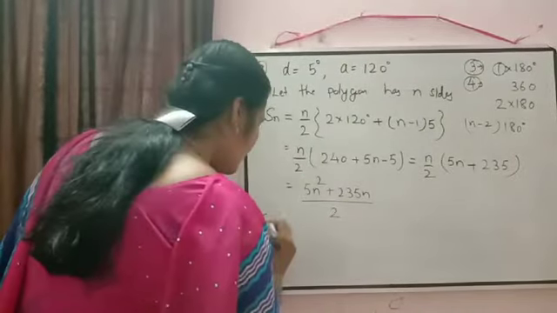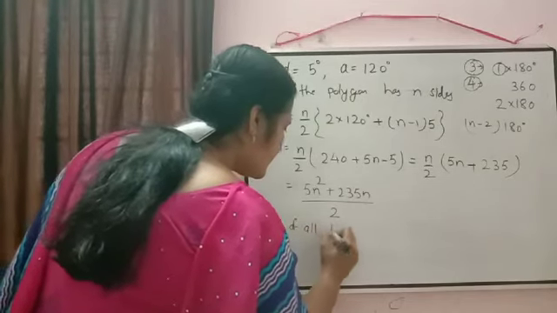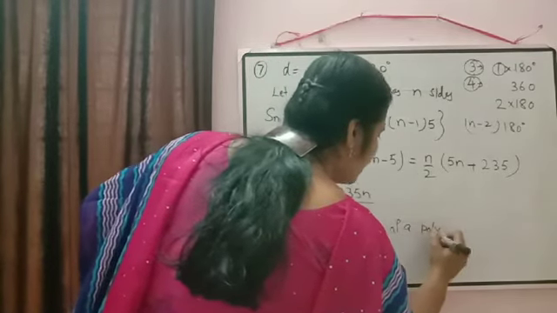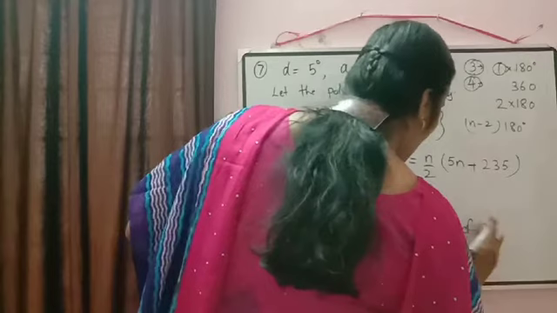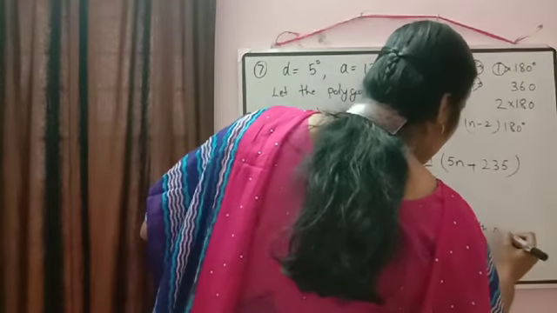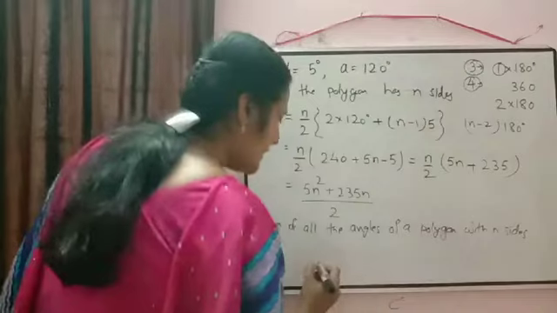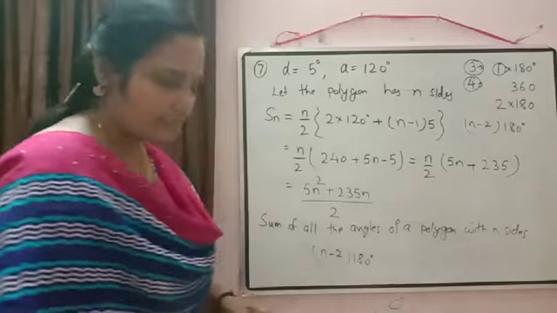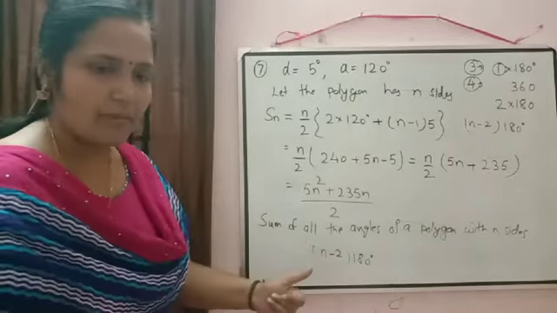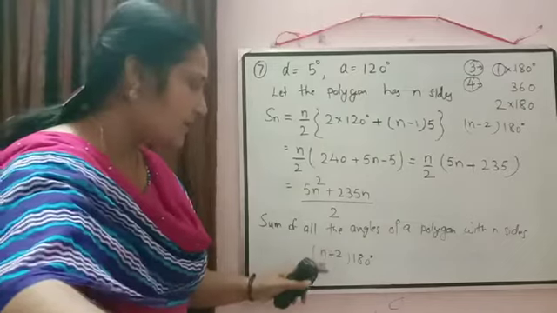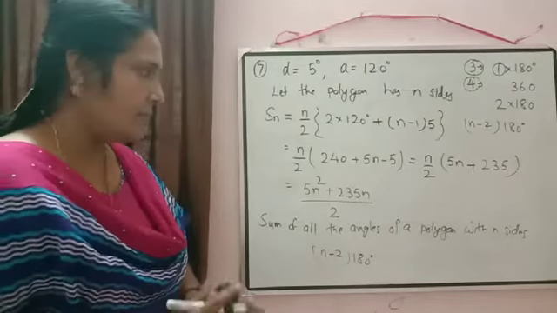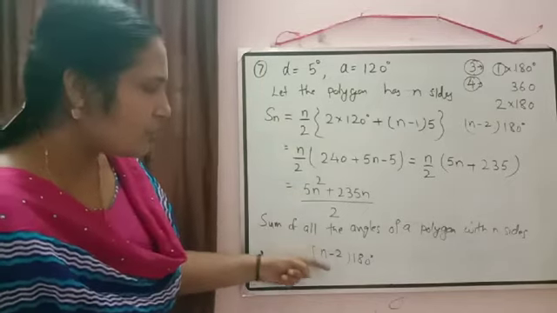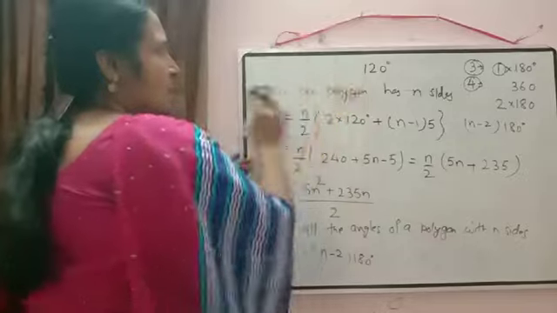You can write down: the sum of all the angles of a polygon with n sides is equal to n minus 2 into 180 degrees. But we already got the sum of all the angles of the polygon as this much. So now we will equate these two. Write down.